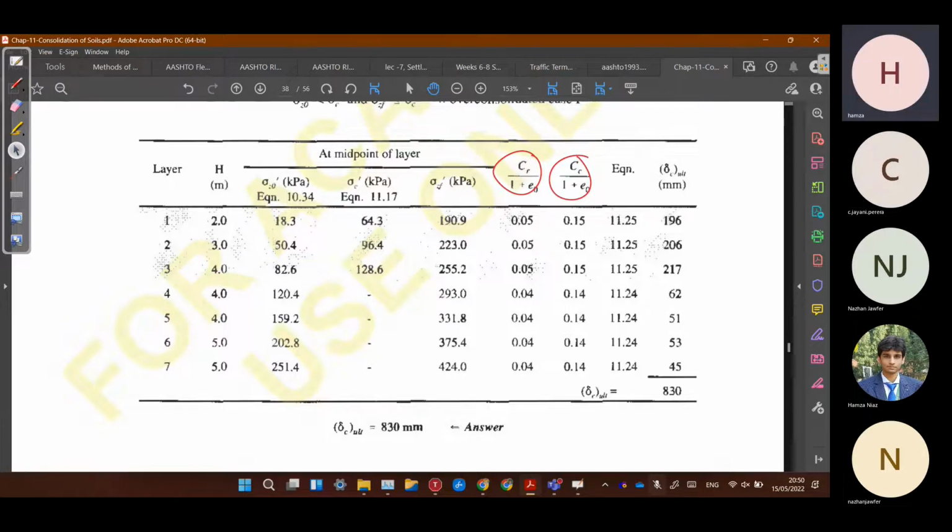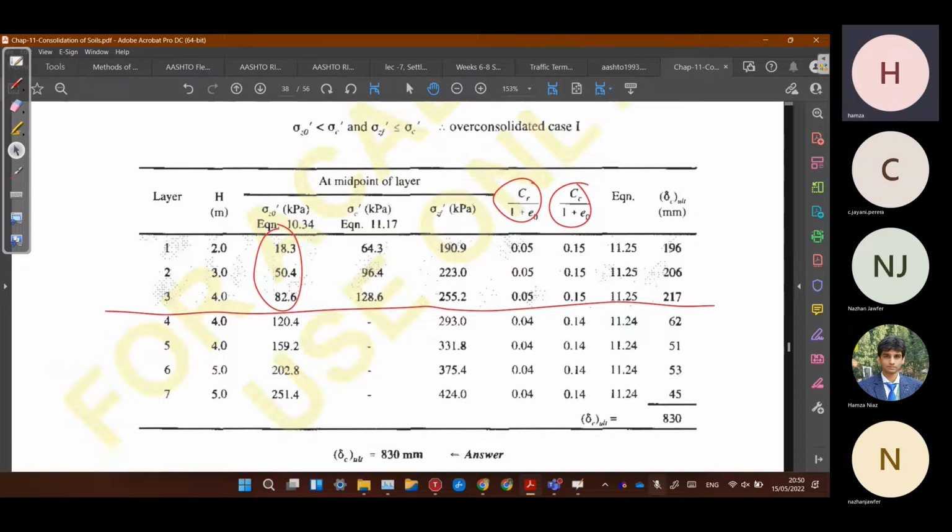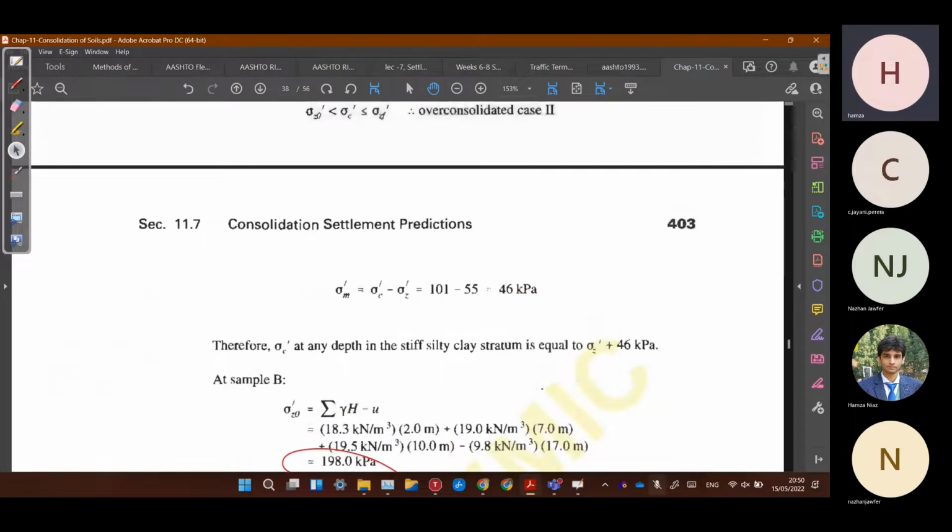So for the first layer, we divide it into three parts, h and some values. We calculate sigma z naught, and we calculate sigma c for that. Now, how to calculate sigma c for the middle of the layer? We can calculate the over consolidation margin. The sigma m is the over consolidation margin, that is sigma c minus sigma z naught. Sigma c was 101 and sigma z was 46.